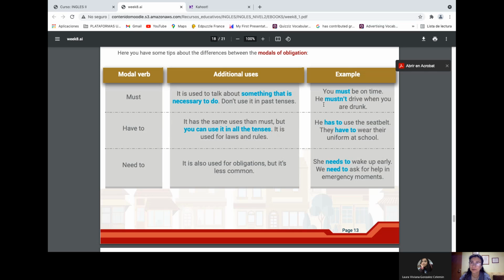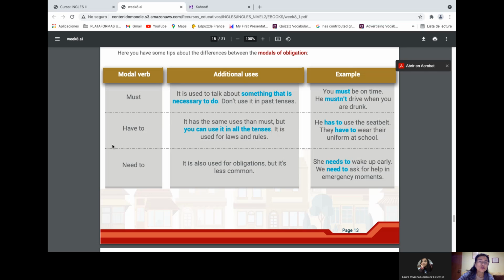Mustn't, the negative form, is used when you are talking about prohibitions. Must, in the affirmative way, is used when you want to express something that is necessary for you to do. It's your personal obligation, okay?